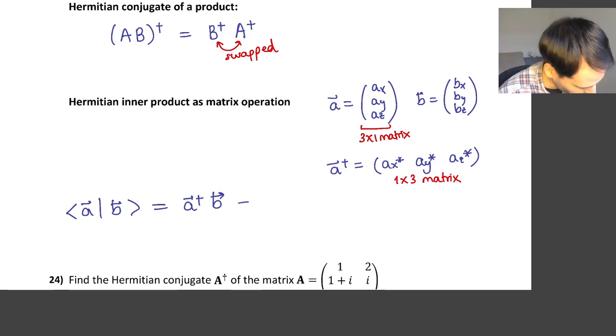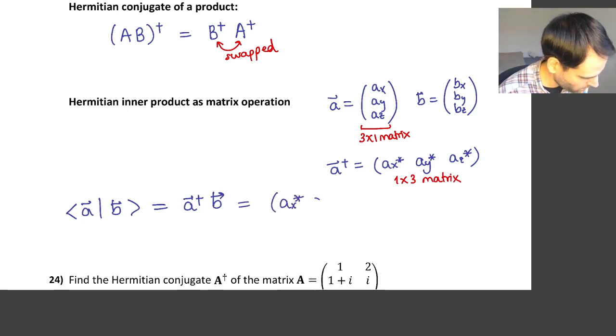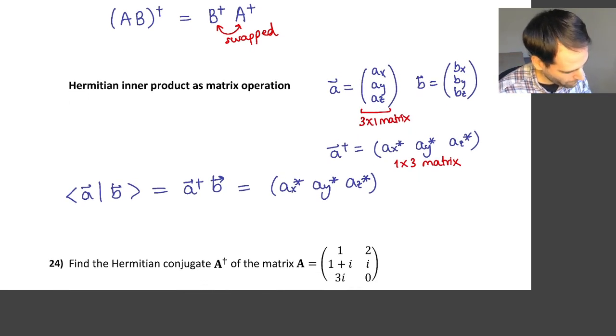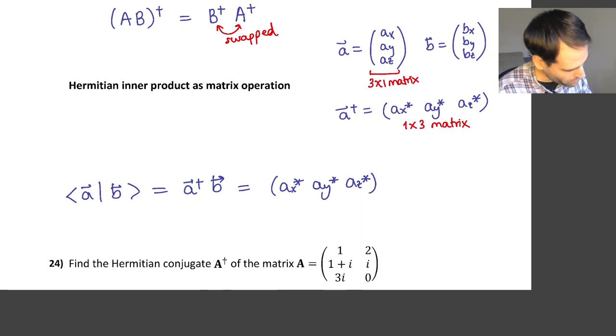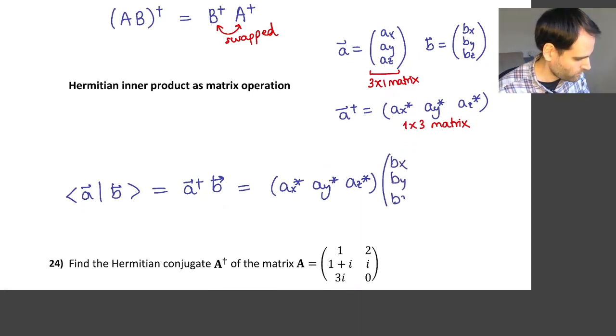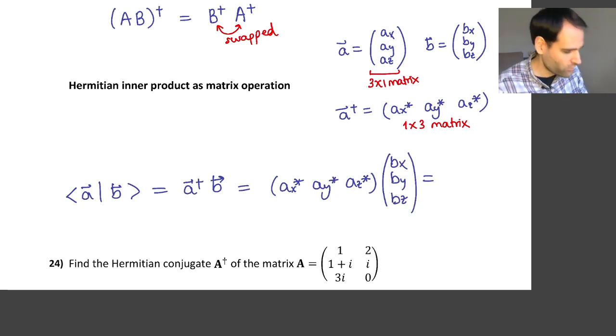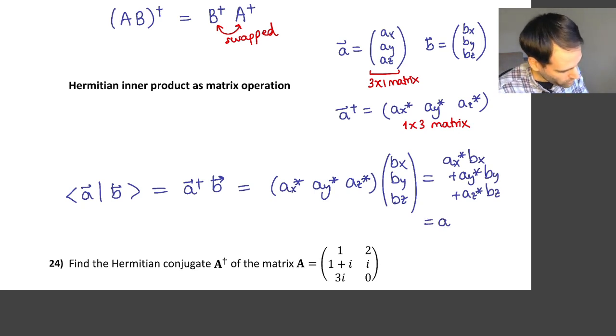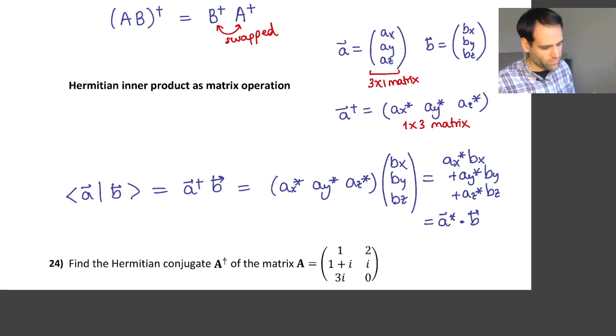That would be AX conjugate, AY conjugate, AZ conjugate times vector B. The result of this matrix multiplication would be AX conjugate times BX plus AY conjugate times BY plus AZ conjugate times BZ, which is equal to A conjugate dot B, which is the Hermitian inner product that we saw in chapter 1.